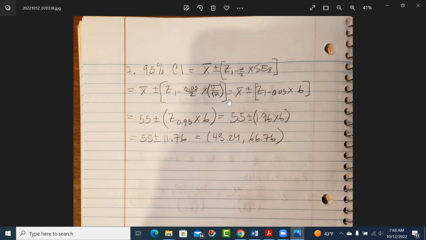All right. So the equation for a confidence interval is the mean plus or minus this margin of error. The margin of error is whatever this z critical value is. And again, we have to divide by 2 because remember the confidence interval surrounds the mean. So it's both above and below.